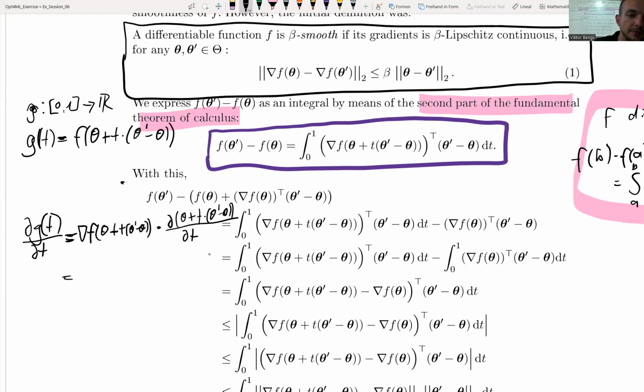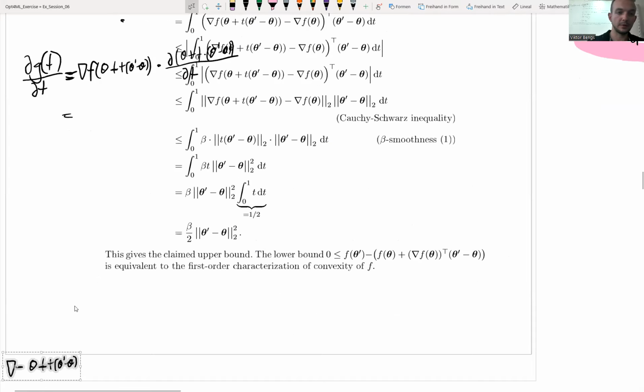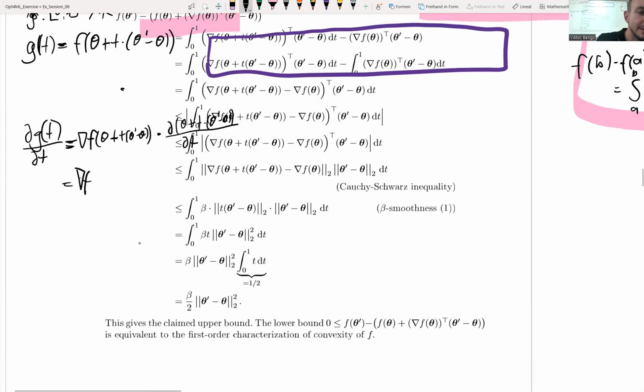And the inner function is theta plus t times theta prime minus theta with respect to t. This here stays the same. This here stays the same. And what's the derivative of this function with respect to t? Sorry, here's an inner product, of course, the transposing is missing here again.